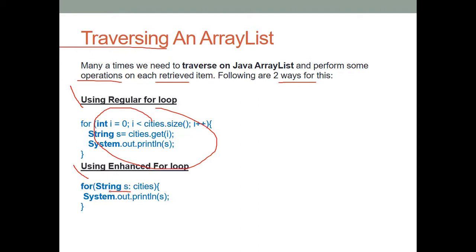Whatever data is inserted in the ArrayList, you just put its type here, for example a String. If you have student data, then put Student s colon cities. So system.out.println of s, and you can find it. I hope it is clear.